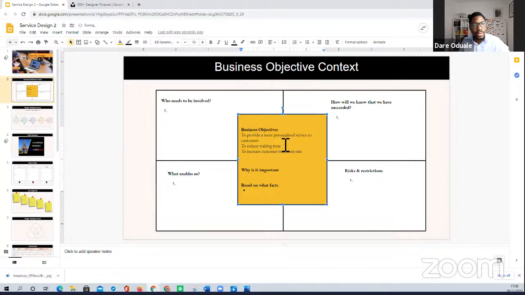This we can measure. Our objectives need to be something that we can measure. How would we know that a service is more personalized? Someone said an excellent service to everyone across the globe, wherever they are in the world. Yeah, we can measure in terms of location.